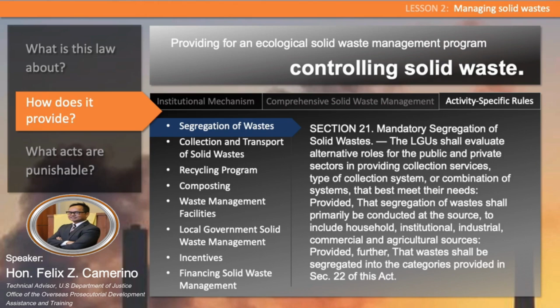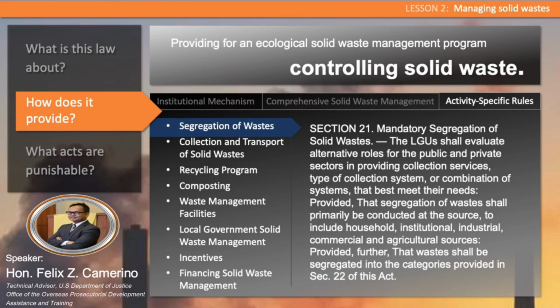Okay, it is their mandate to evaluate alternative roles for the public and private sectors when it comes to essentially collection of solid waste from them. Okay, so the roles that it's talking about is how they might best be able to collect those solid waste from the public and private sectors.